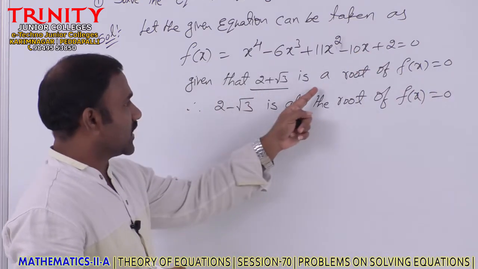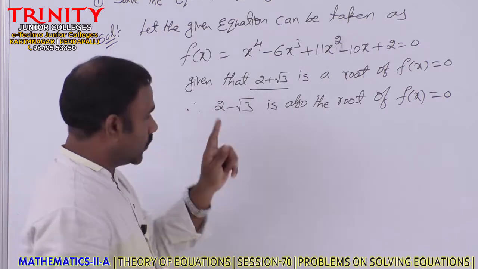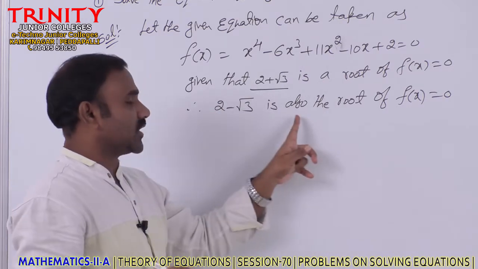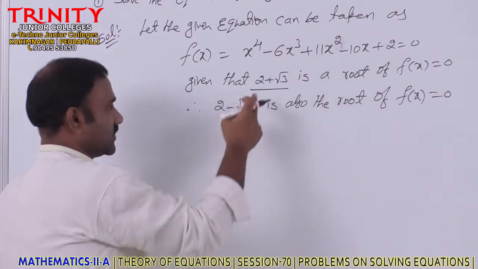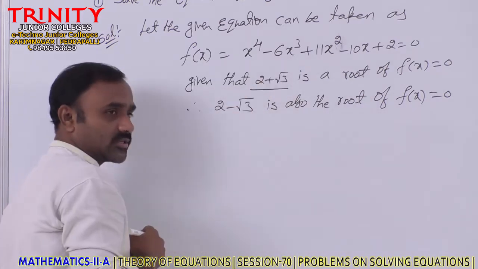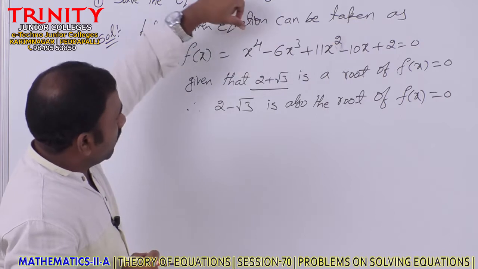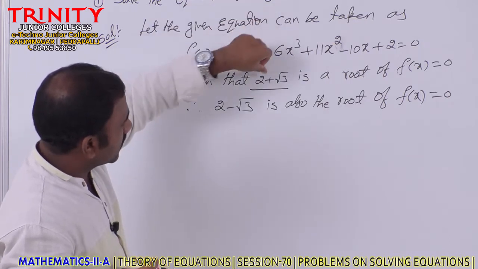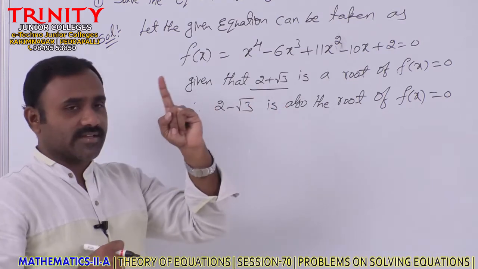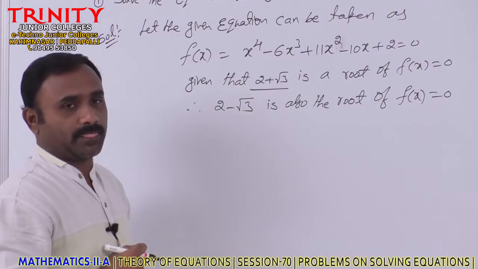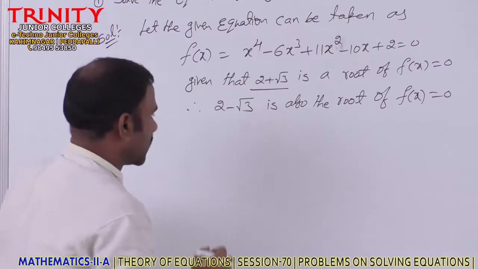If 2 plus root 3 is a root of f of x equal to 0, then 2 minus root 3 is also a root of f of x equal to 0. Why? Because these two are conjugates of each other. Now, out of the 4 roots, we got 2 roots. By using these 2 roots, we will get a quadratic equation, or not? We will get a quadratic equation.